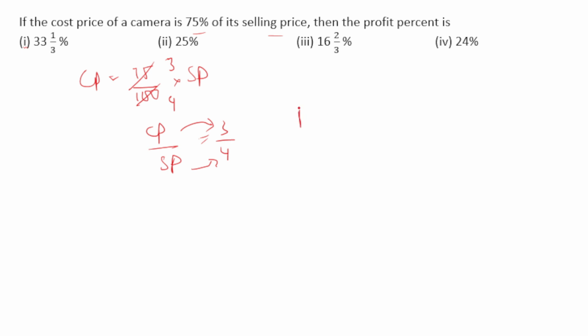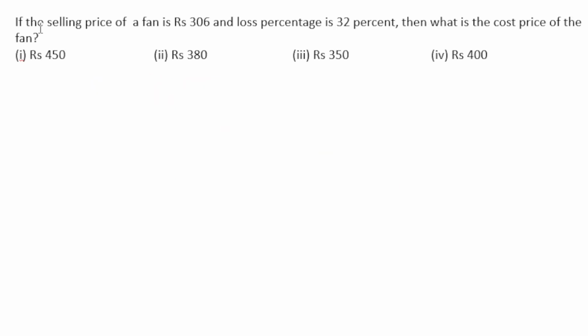Profit is equal to selling price minus cost price. It is 4 minus 3, it is 1. What is the profit percent? It is 1 divided by cost price, 3 into 100. 1 by 3 is 33 1 by 3%. It is first option.